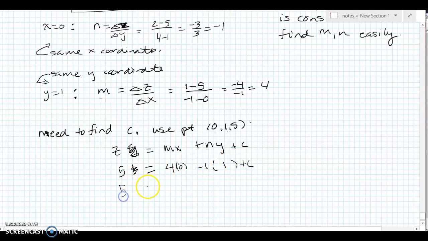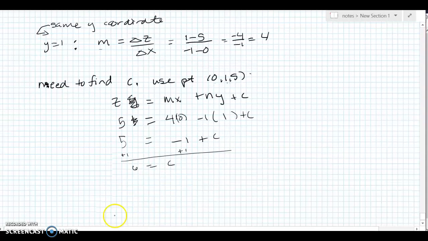So we get 5 equals, that's nothing, minus 1 plus c. Add the 1, and we get 6 equals c.